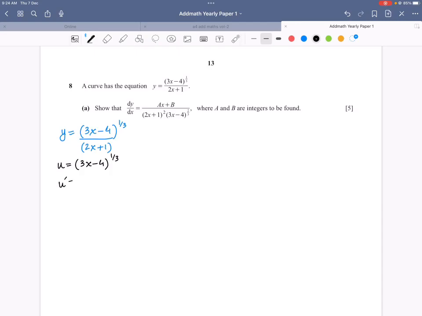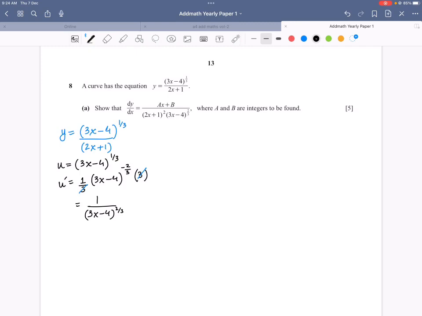The derivative of u: first we write down the power, then subtract 1 from the power. So 1 upon 3 minus 1 is minus 2 upon 3, and then the derivative of the function is 3. 3 and 3 can be cancelled. So we get 1 over 3x minus 4 with the power 2 over 3.